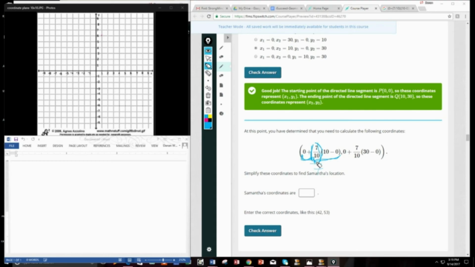We're going to type it in to our calculator. We're going to type in for our y-coordinate 0 plus 7/10, written in parentheses, times parentheses 30 minus 0.